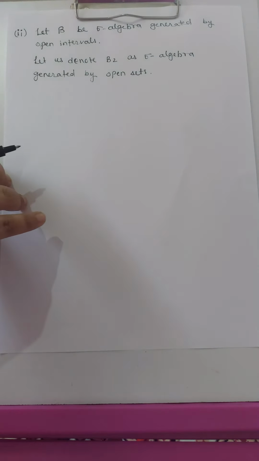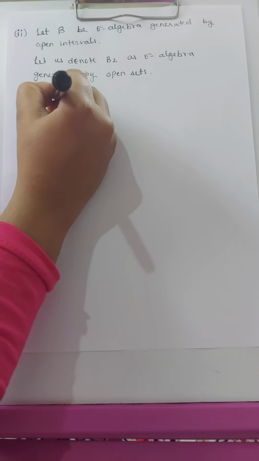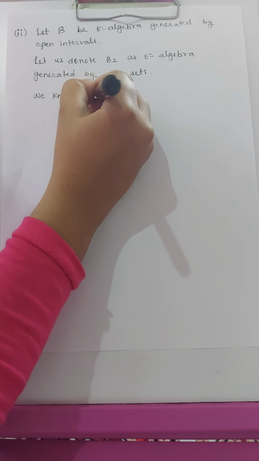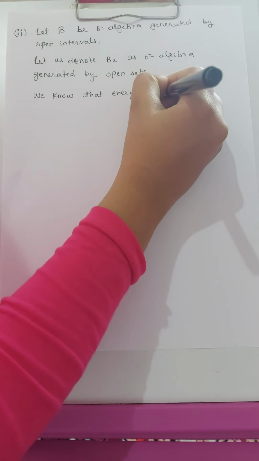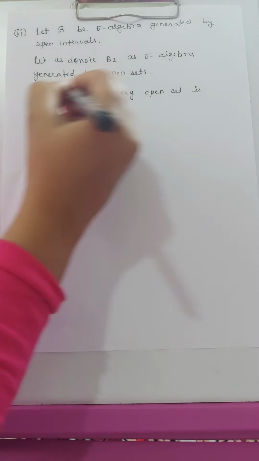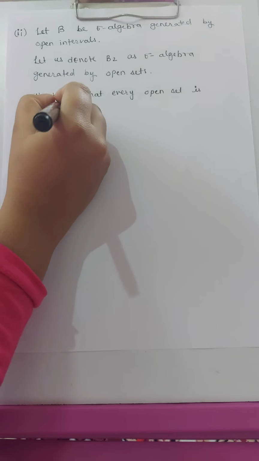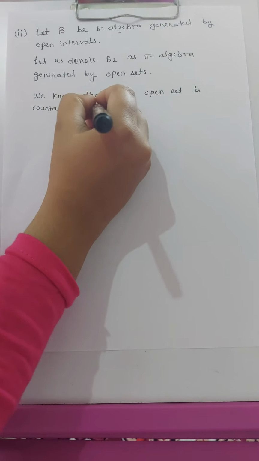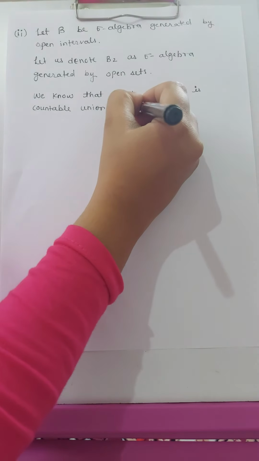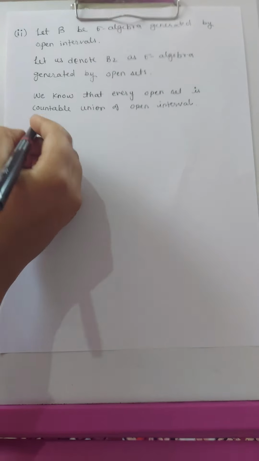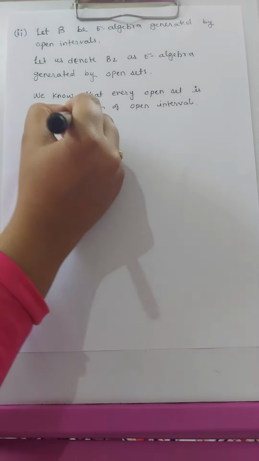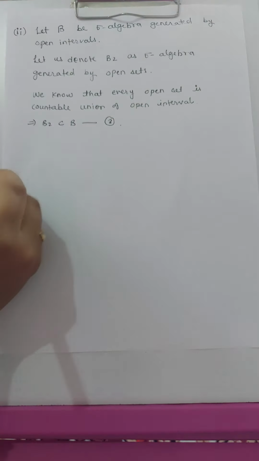Now we know that every open set is a countable union of open intervals. So this implies that B2 is a subset of B. Let it be number 3.